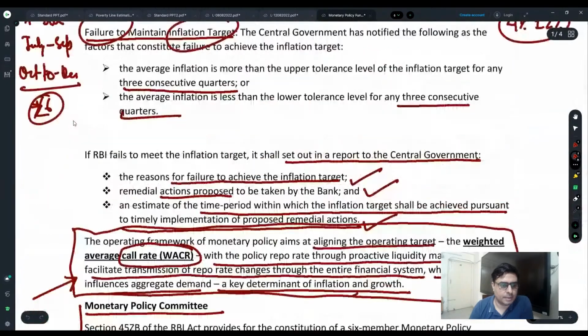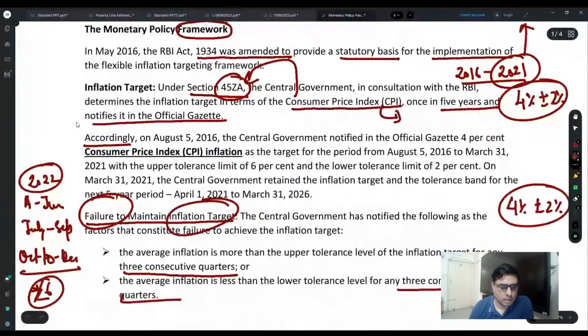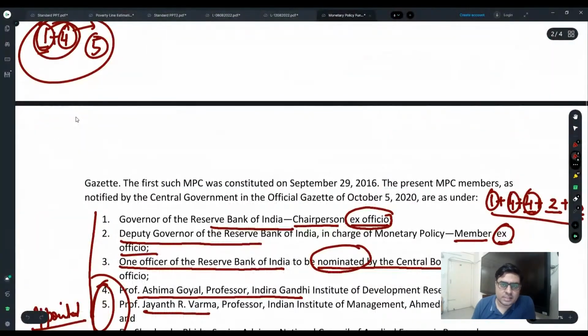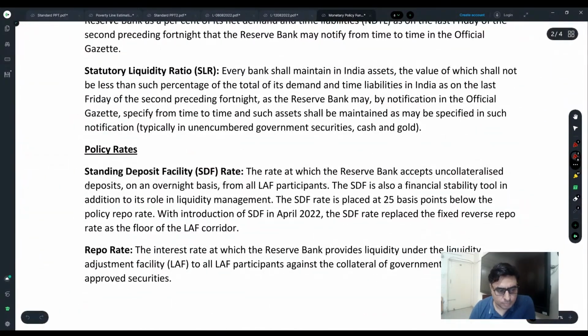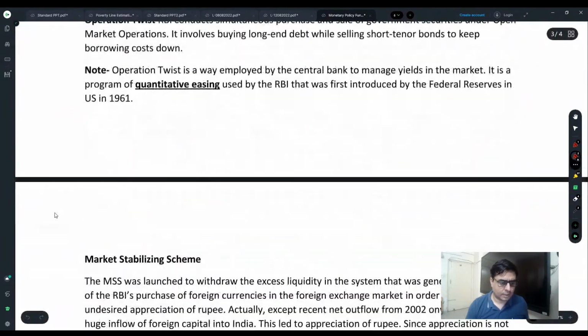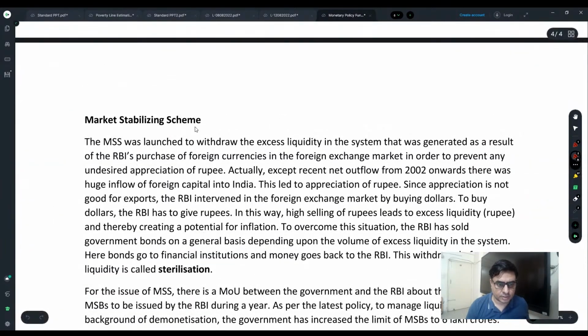So this is the PDF. After this class, I'll send it to Ashok sir, and he will provide you this PDF. What I want from you is that you should read it once. It is going to help you understand all those things, especially MSF and MSS, the market stabilization scheme.